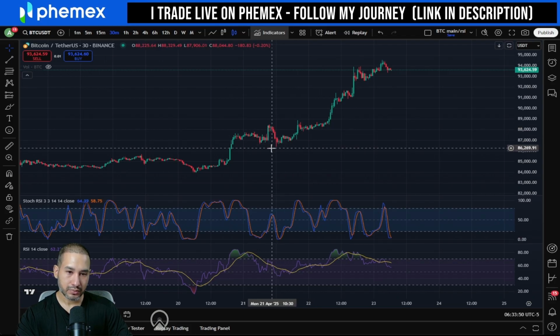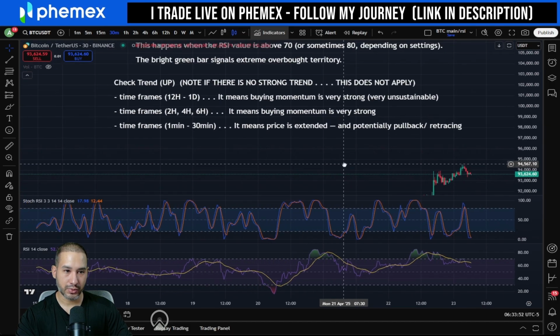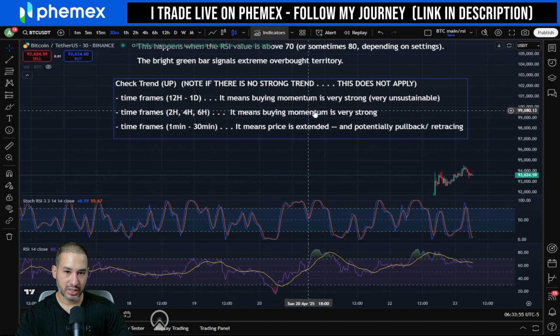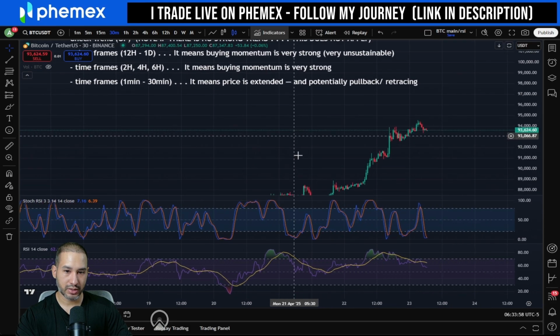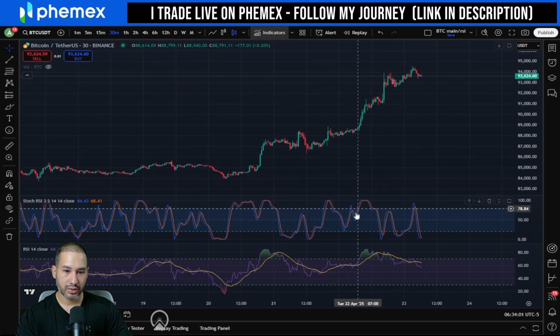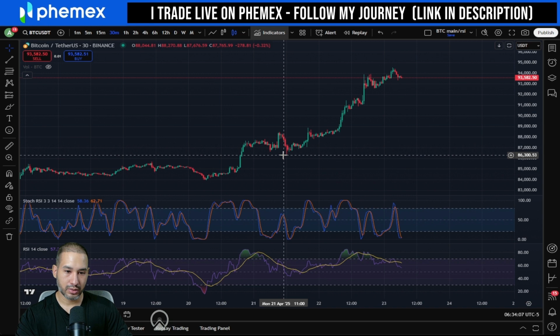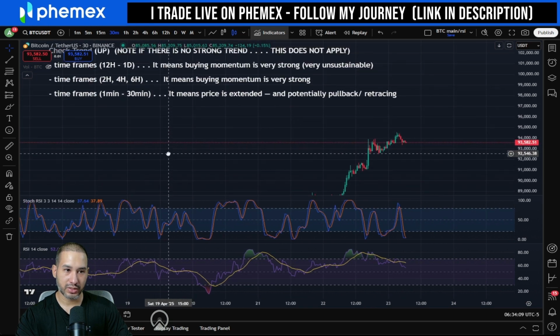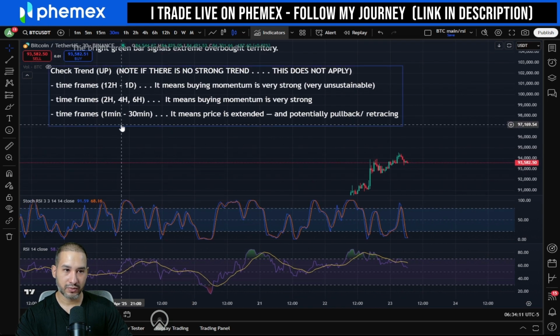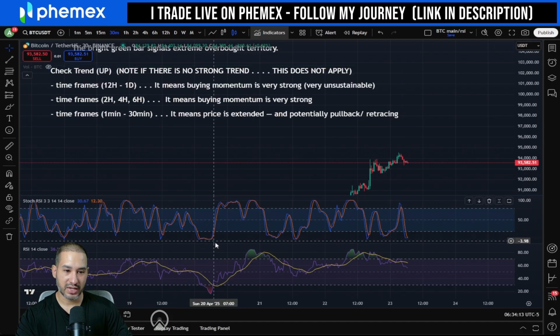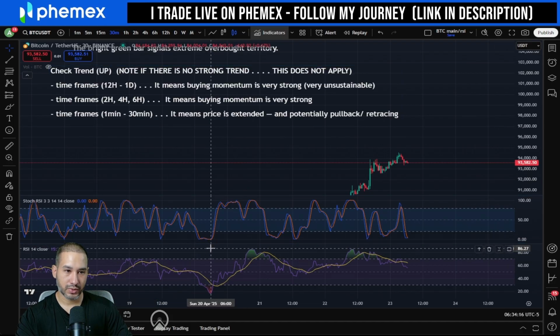So had you been looking at the higher time frames, using this process, seeing that momentum on these higher time frames was still showing strength and continuation going up, as far as on the stochastic RSI and the RSI, this is when you go to the smaller time frames and look for your signs of being oversold, because you see on the higher time frames we're very strong.